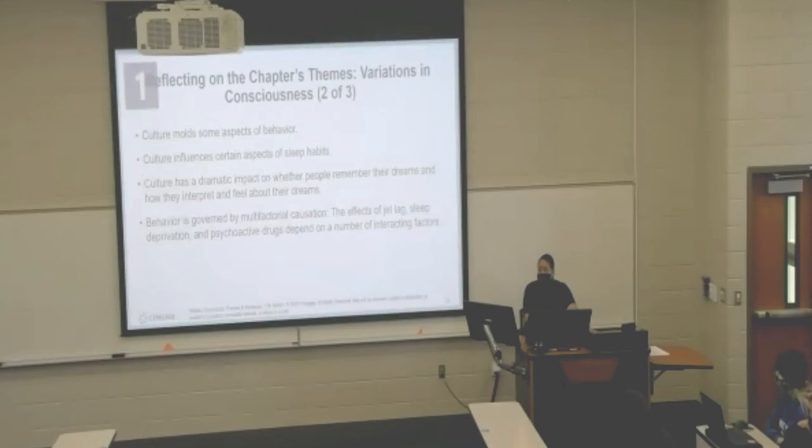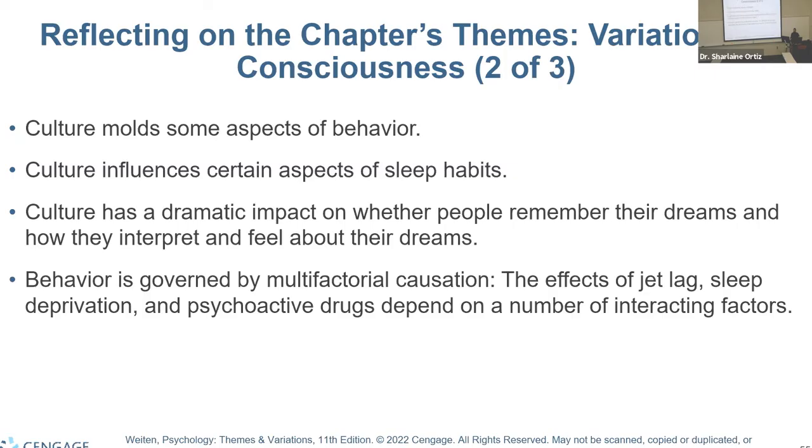Now, if you don't take anything from the 101 class, if you don't take anything from the course in general, you need to understand that everything psychological, everything behavioral is multifactorial. Which is why we do a lot of statistics in this field, because everything that we analyze does not tend to be black and white.